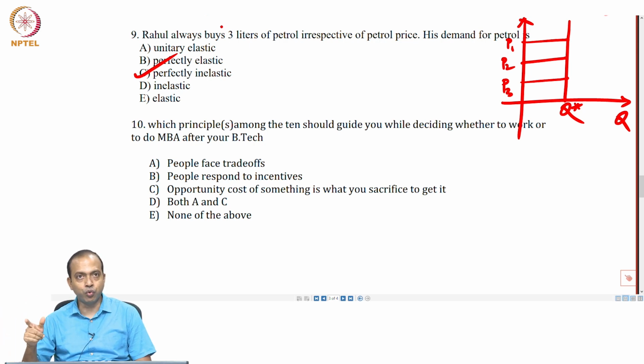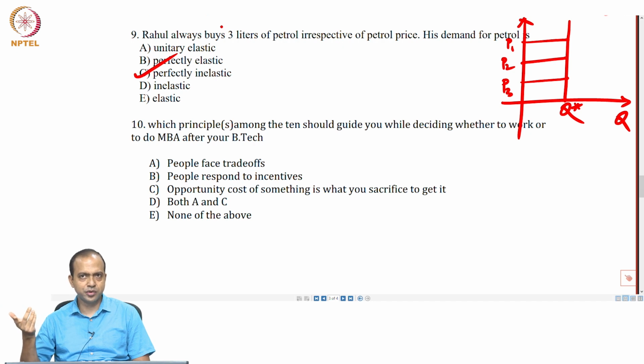You cannot do both simultaneously. That is why you have to select one out of these two options available. Obviously, if that is the case, then the principle that should guide you is people face trade-offs. Okay, that is correct. And then people respond to incentives.